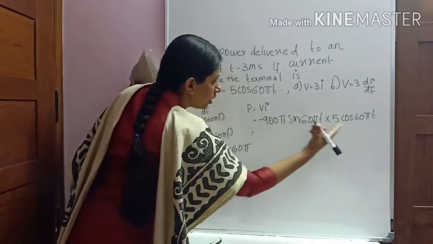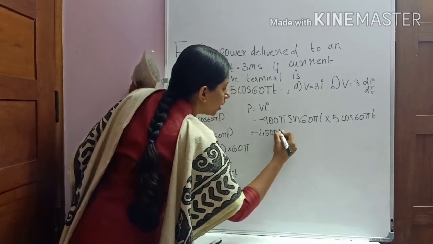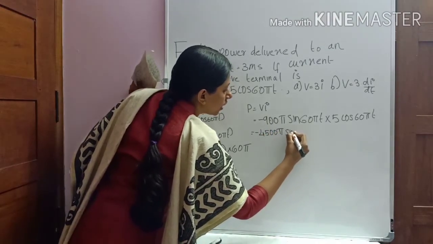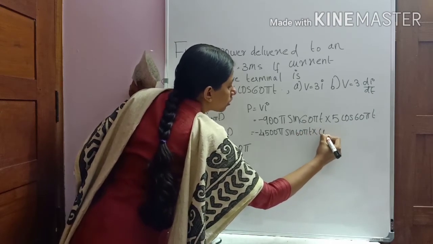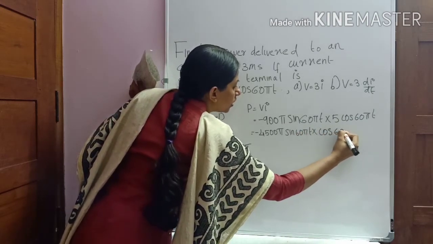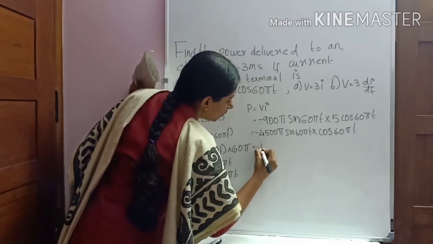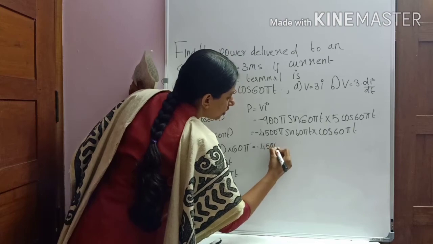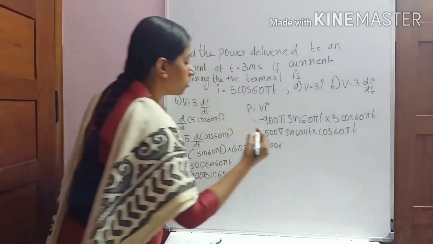So this will be 9 into 5, 45. Therefore minus 4500 pi sine 60 pi t cos 60 pi t, and that will be minus 4500 into, for pi you substitute the value 3.14.